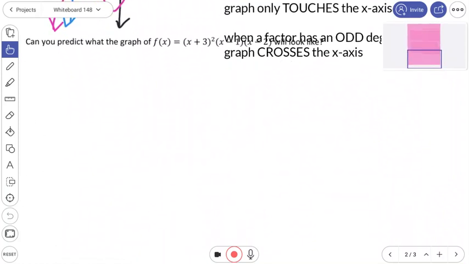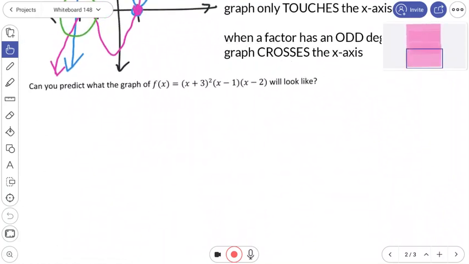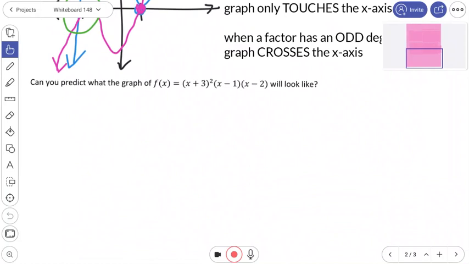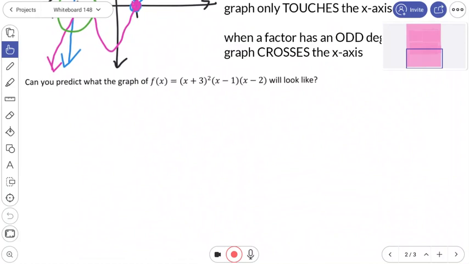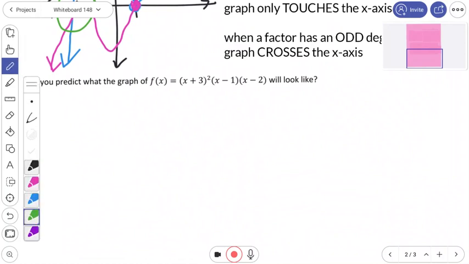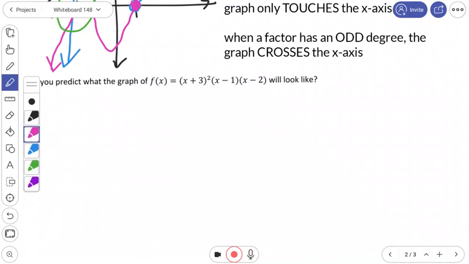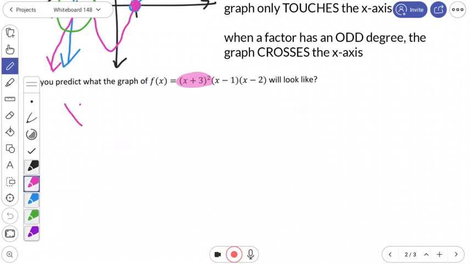So can you predict what the graph of f of x equals x plus 3 squared times x minus 1 times x minus 2 is going to look like? Okay, so I'm going to go ahead and list out the factors that we see. I see an x plus 3 to the second power. So I know I have an x-intercept at x equals negative 3.